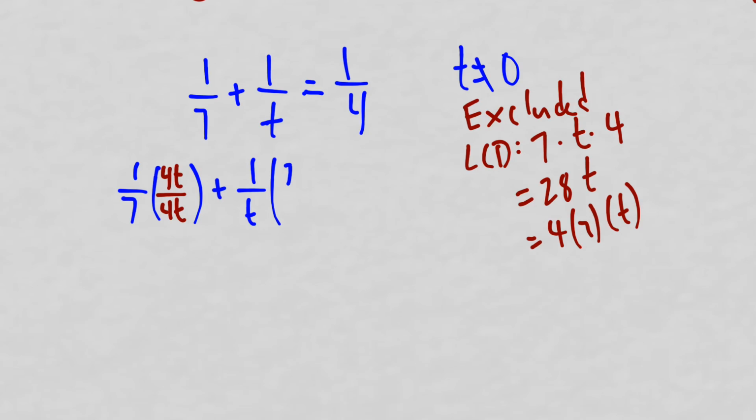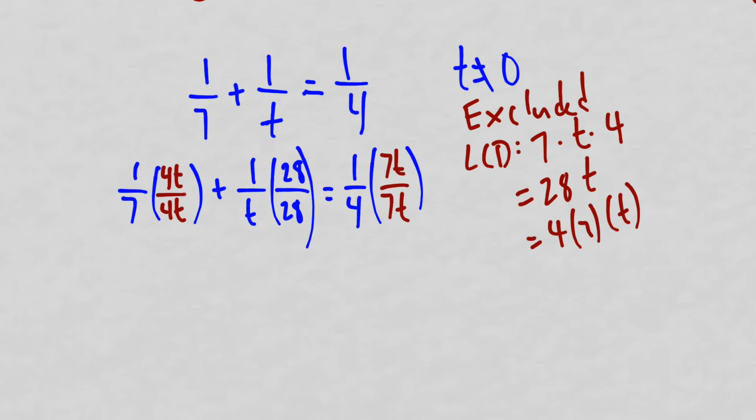It's missing 4 and 7, so it's missing 28. Equals 1 over 4. What's missing from that one to turn it into 28T? 7T. Right? So each one of them is missing something.